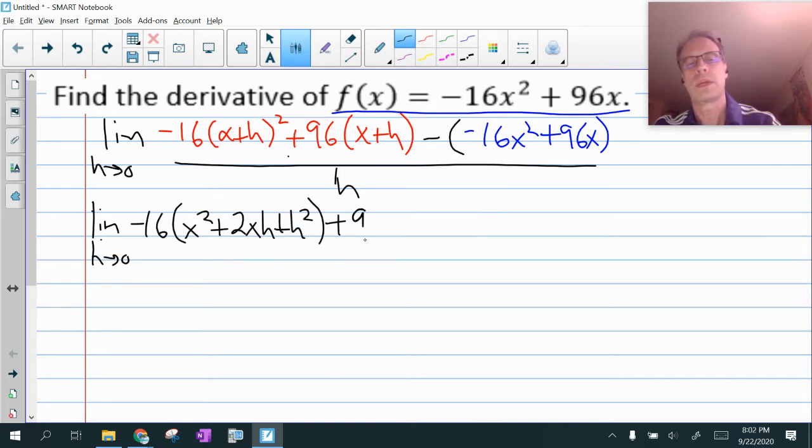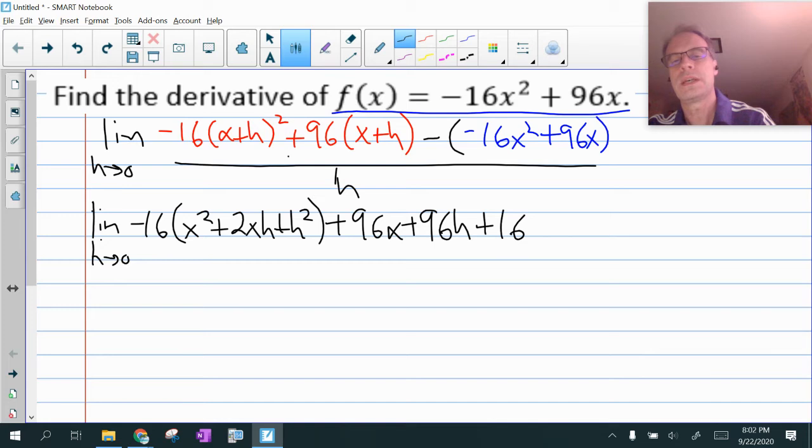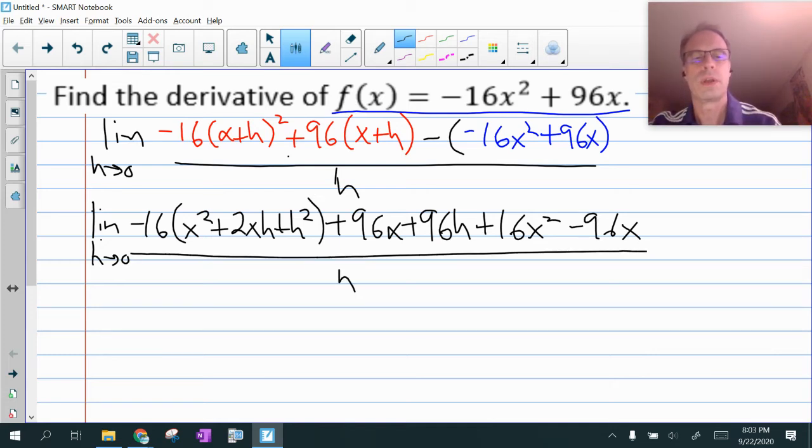And I'm going to distribute that to give me 96x plus 96h. Wow, that is awful. And I'm going to distribute my negative to give me 16x squared minus 96x. That's all going to go over h.